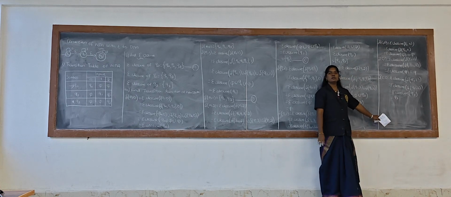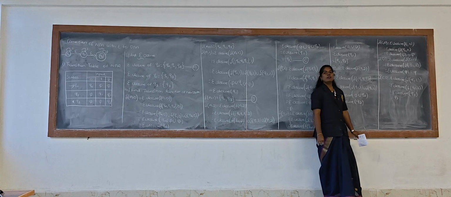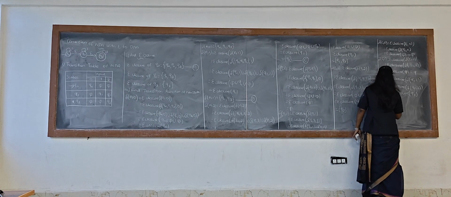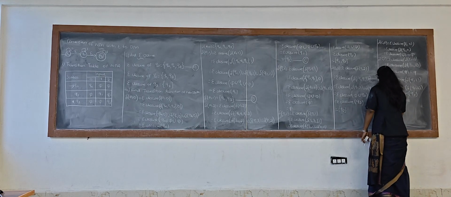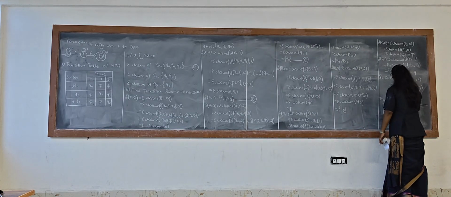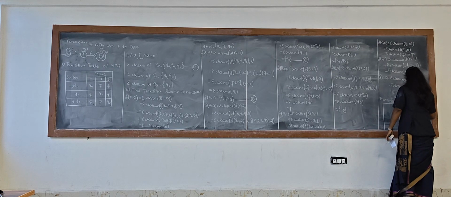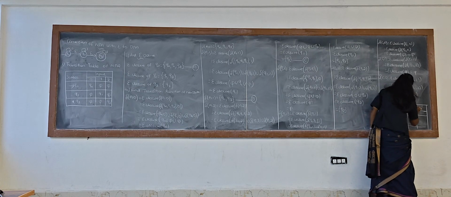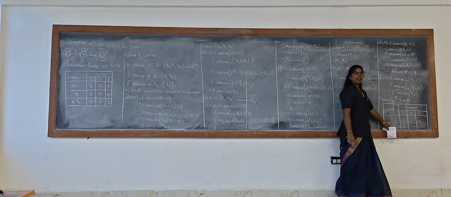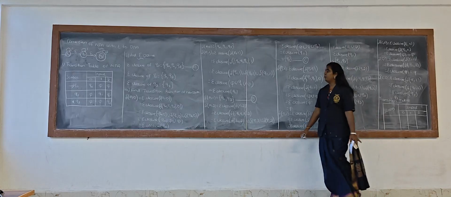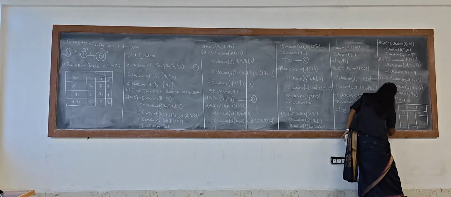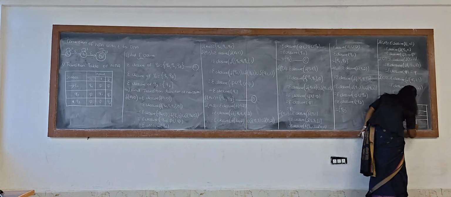Okay. The next step is to construct the transition table. Here we are having the inputs 0, 1, 2, and here we are having the states A, B, C, because we are having the new states A, B and C. Now we will fill this transition table.